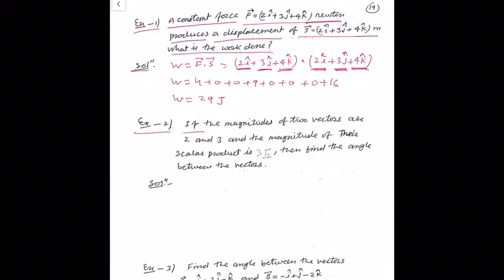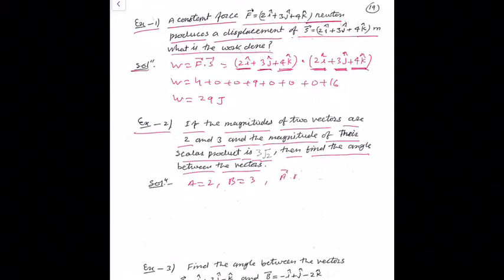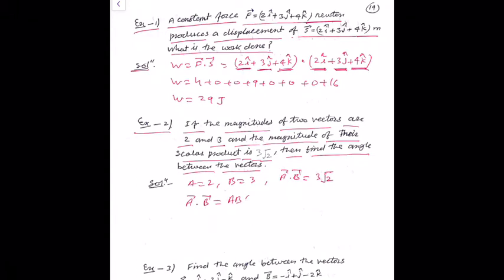Next example 2. If the magnitudes of two vectors are 2 and 3 and the magnitude of their scalar product is 3 root 2, then find the angle between the vectors. Here A is equal to 2, B is equal to 3, A vector dot B vector is equal to 3 root 2 as A vector dot B vector is equal to AB cos theta.